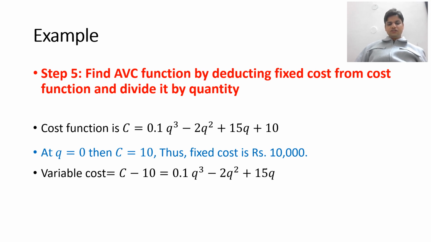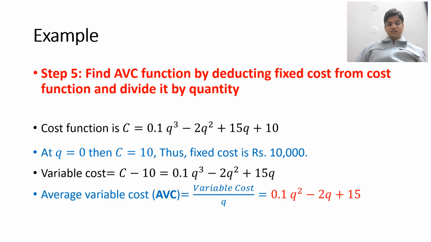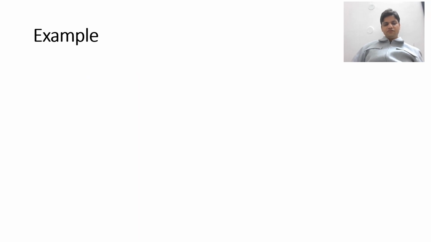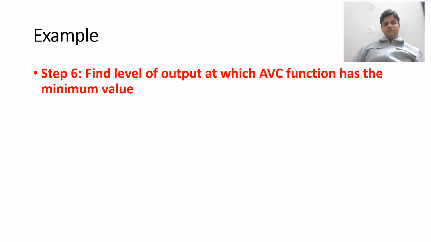Variable cost equals C minus 10, because total cost equals variable cost plus fixed cost. So we have got variable cost. Now divide variable cost by the quantity q, and you get the expression for average variable cost. Now the next step is to find the level of output at which the AVC function has the minimum value.